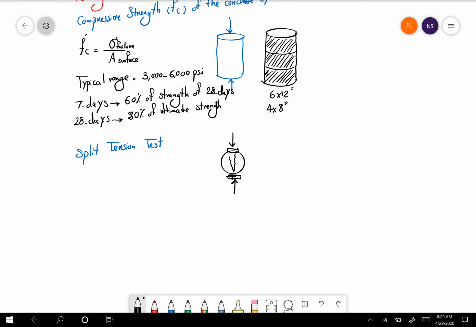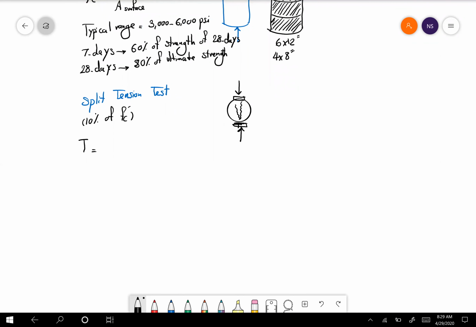And that's usually about 10% of f'c. And the tensile strength, or T, is, if the load here is P, then this is the failure load divided by pi L times D. And in this case, D is the diameter of the specimen.